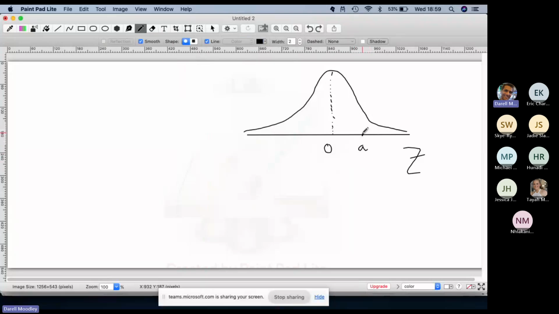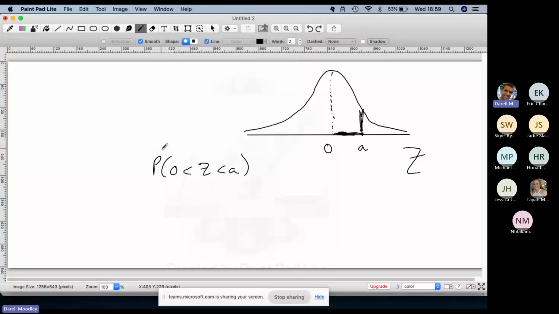And if I want to know the probability that Z is between 0 and A, this is how I write it mathematically. So the probability that Z lies between these two values, this is how I write it mathematically.